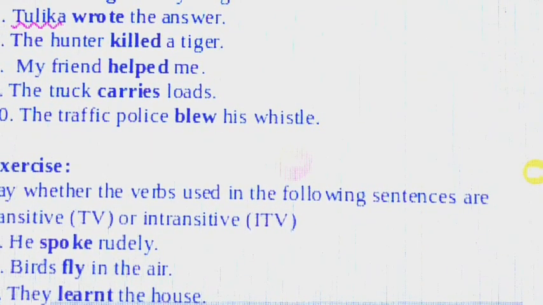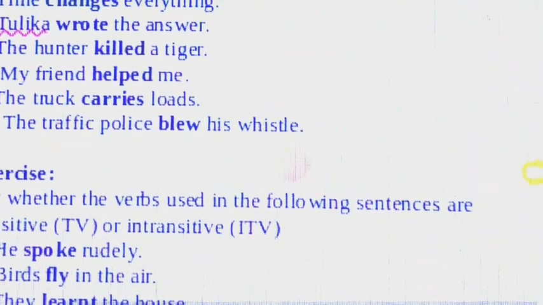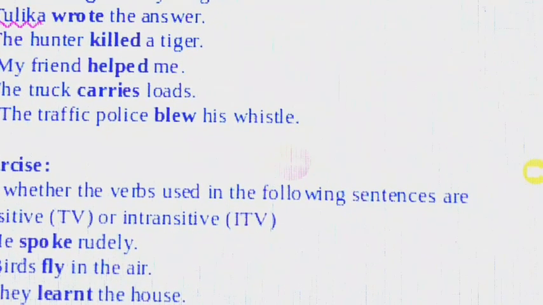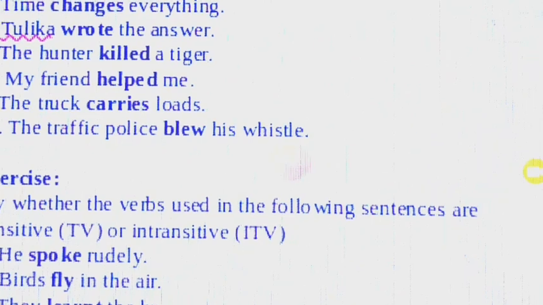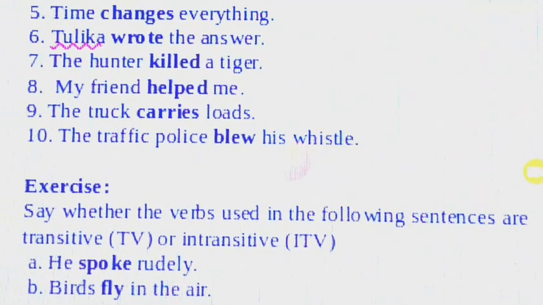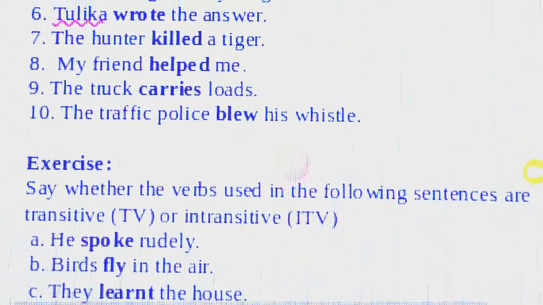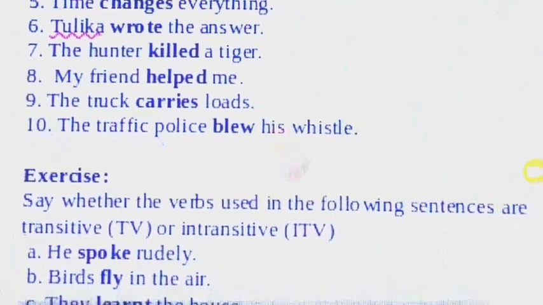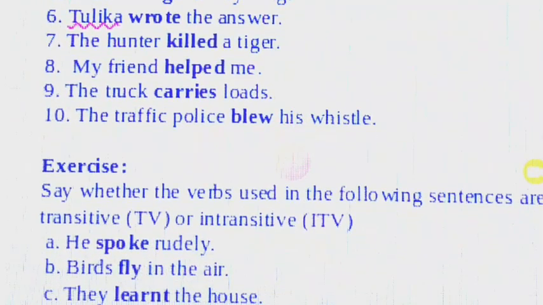So in all the sentences, we see that the verbs have their particular objects, and without these objects, their meaning is not complete. So these are transitive verbs, and we know that these transitive verbs always bear an object or objects, and without the object, the meaning is not complete.